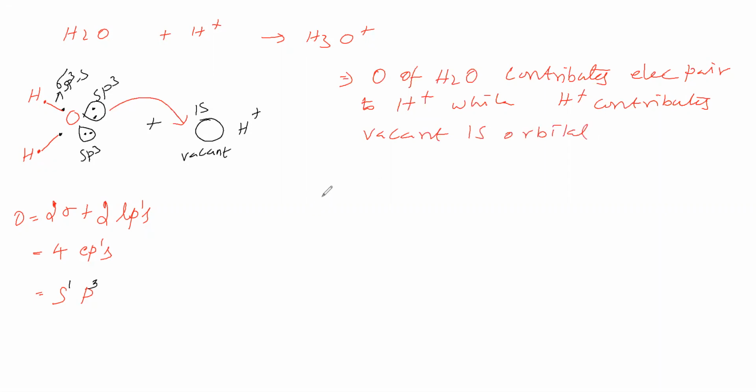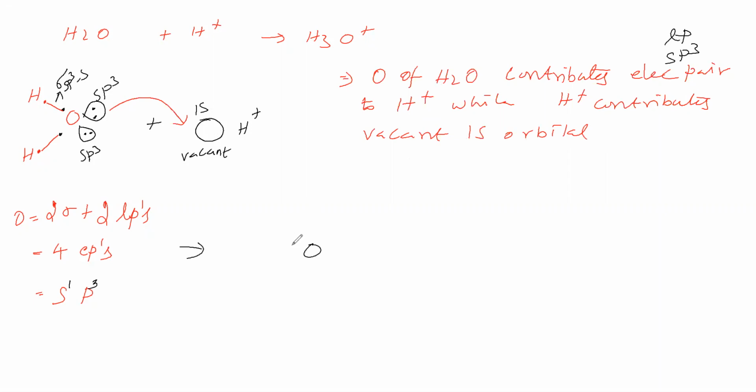So between them the overlapping is possible. This electron pair is present in an sp3 orbital, that means a lone pair also, we can say. Here how the overlapping is possible, that point we'll see.